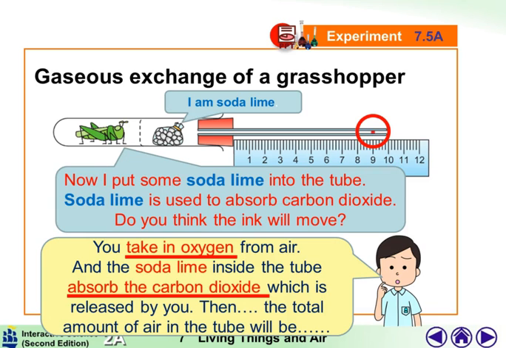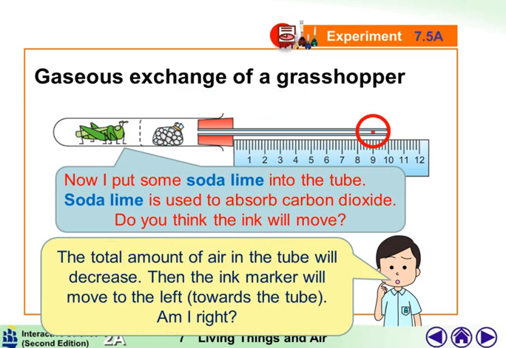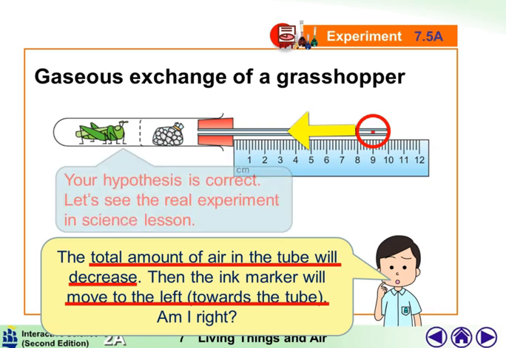Then, the total amount of air in the tube will be decreased. Then, the ink marker will move to the left. That means towards the tube. Am I right? Your hypothesis is correct. Let's see the real experiment in science lesson.